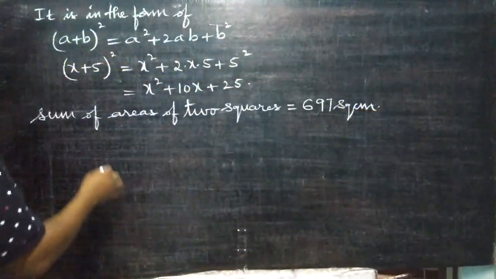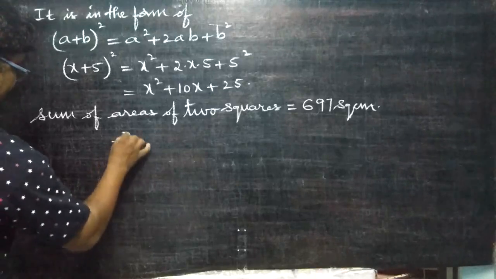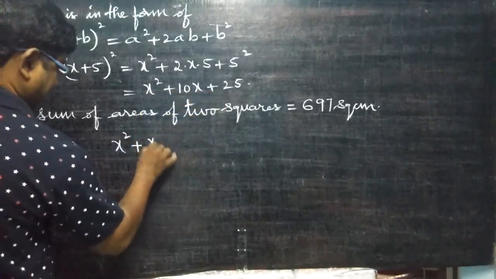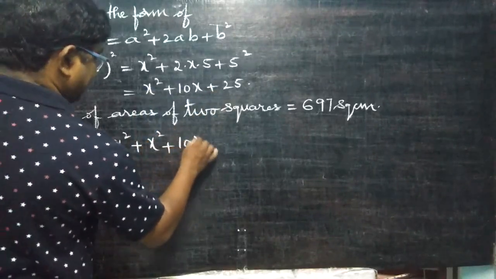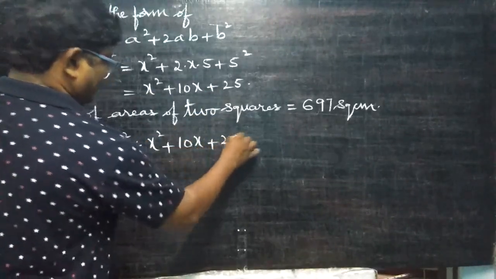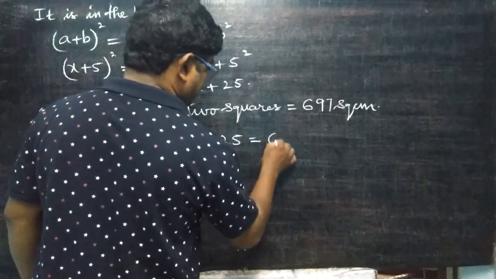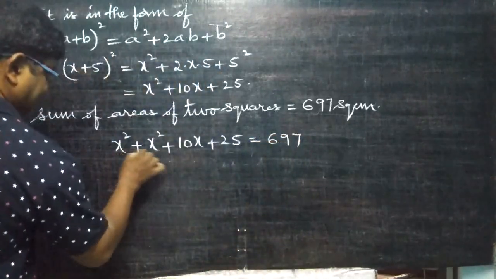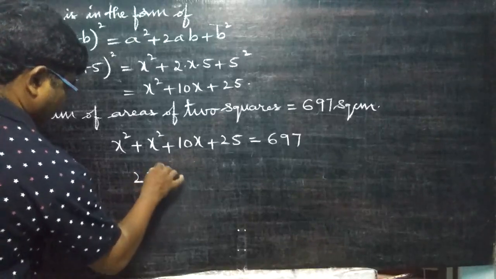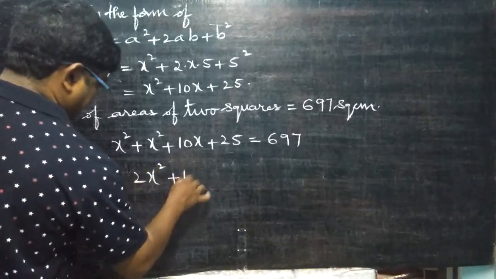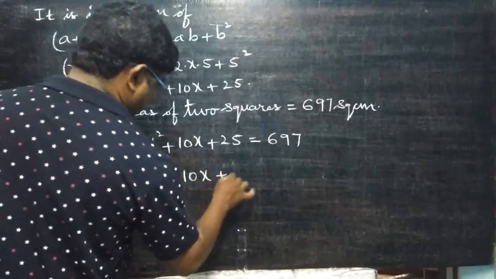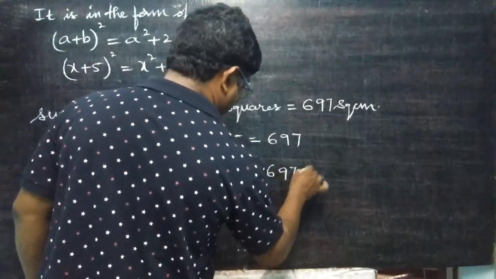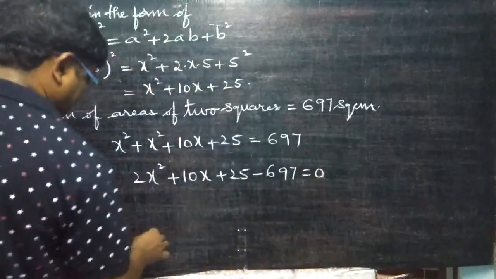First square area is x square, second square area is x square plus 10x plus 25, equal to 697. Now x square plus x square is 2x square plus 10x plus 25 minus 697 is equal to 0.